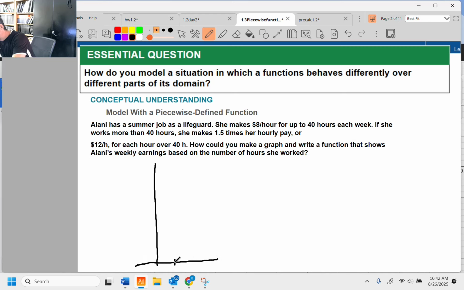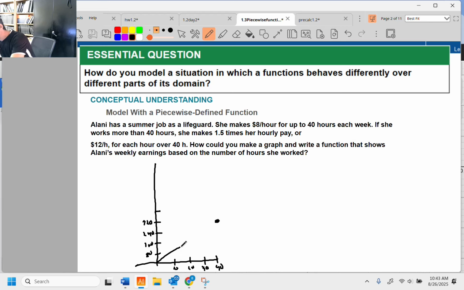Let's do 10-hour intervals. So 10 times 8 is 80. We'll count by 80s. 160, 240, 320, and then something's going to happen. So if she works 40 hours, 40 times 8 is 320 bucks.